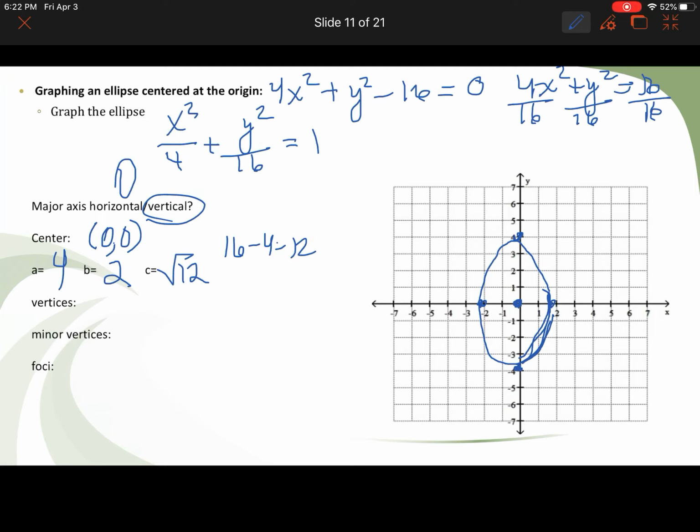All right, so now let's just finish the actual vertices and the other points. So we could read it off the graph, but if we didn't have the graph yet, remember it's a vertical line, so x is going to be the same as our center. And that's true for the foci too.